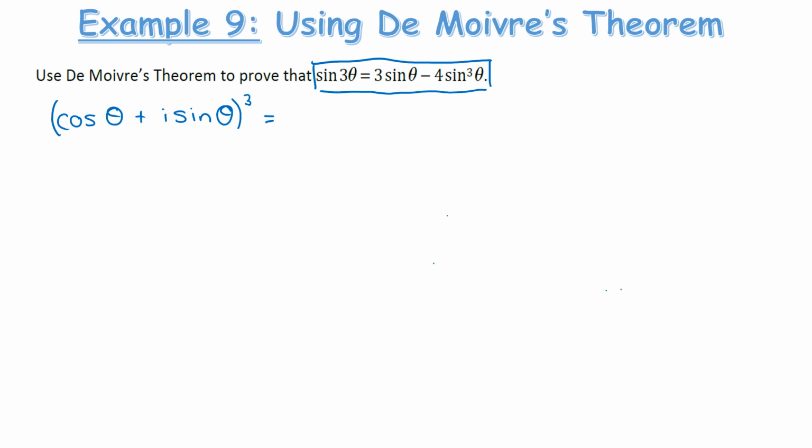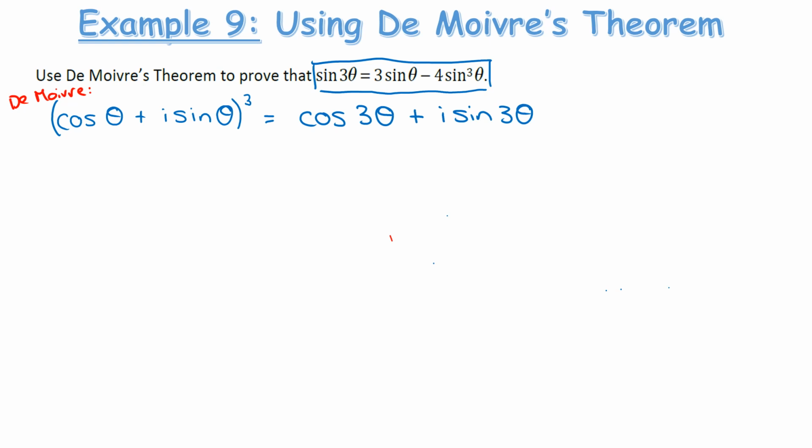The first way is I'm going to use de Moivre's theorem. So I'm going to come along and say that's the same as cos of 3 theta plus i sine of 3 theta. Very straightforward. So this is using de Moivre.